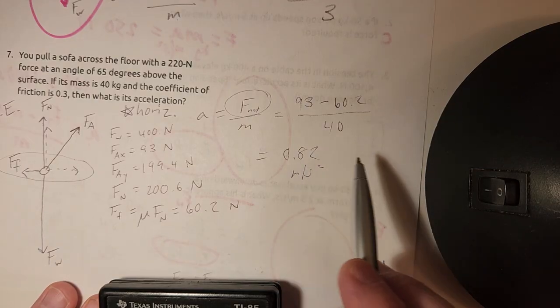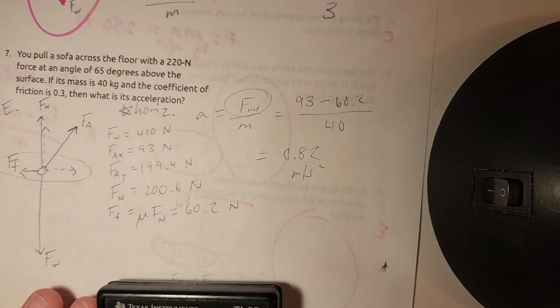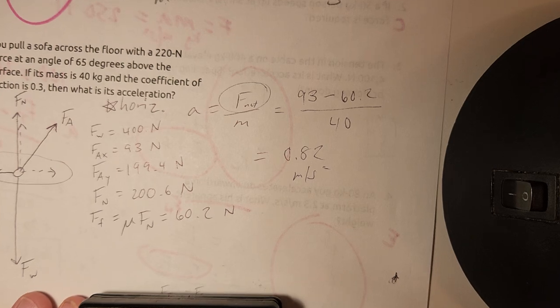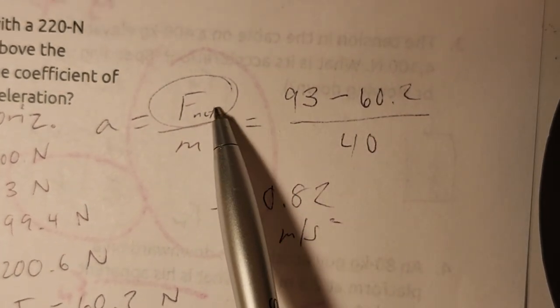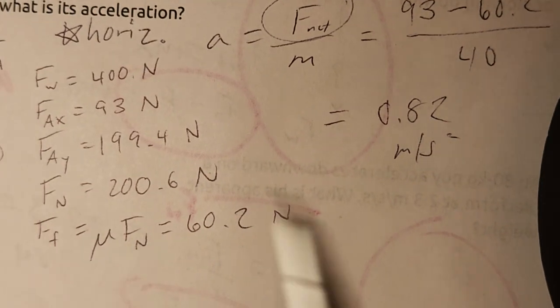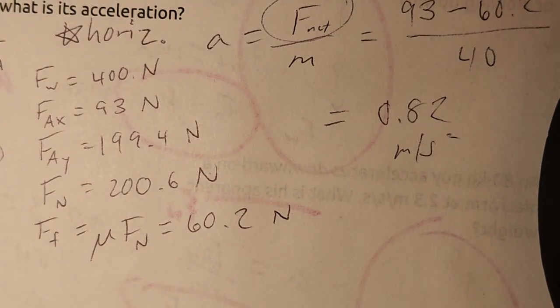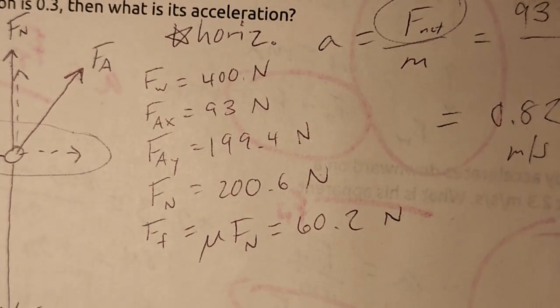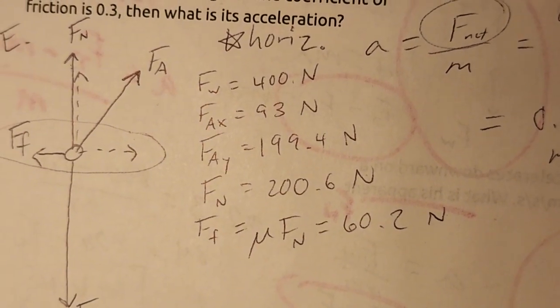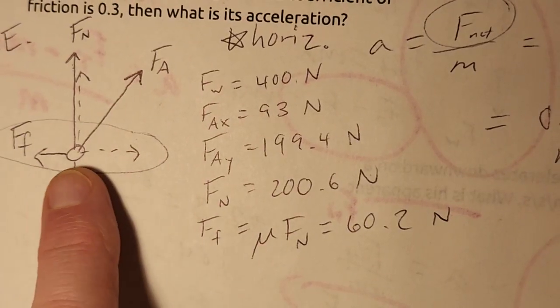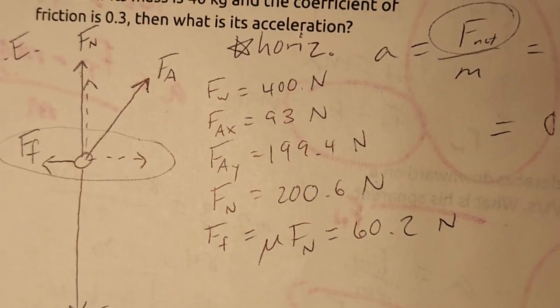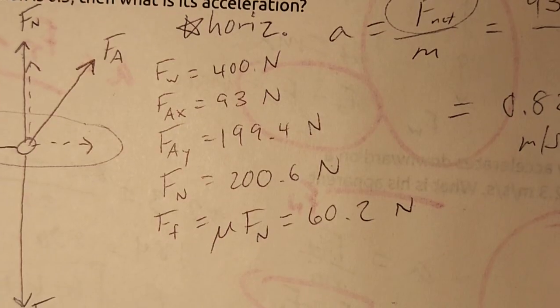But again, I'm not even circling the answer because I don't want this extra emphasis on the answer. What I want to emphasize is the net force came from that force diagram. And in that force diagram, you can see that it's the horizontal forces that are really determining this acceleration.